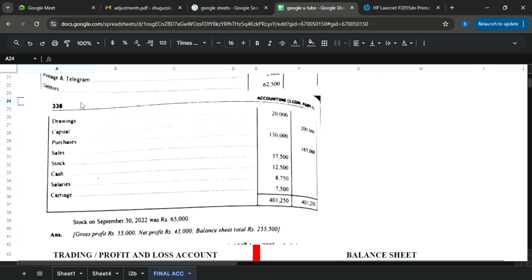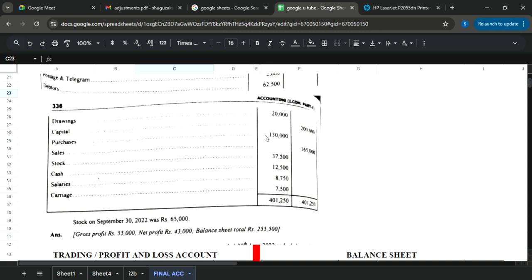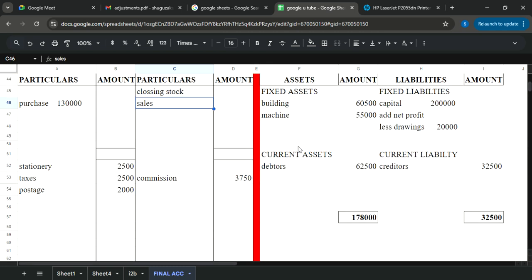After purchase we have sales 1,65,000, exactly opposite. In a similar way you will choose the inner column for sales as well, 1,65,000, which would be written in front of sales.